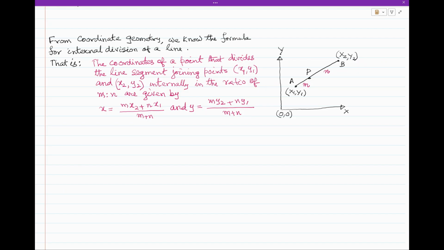Look at the diagram where one endpoint is at x2, y2, another endpoint is at x1, y1, and the point in the middle is dividing the distance in the ratio of m and n.